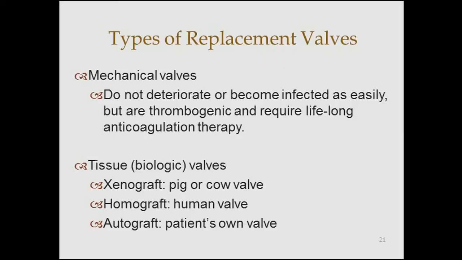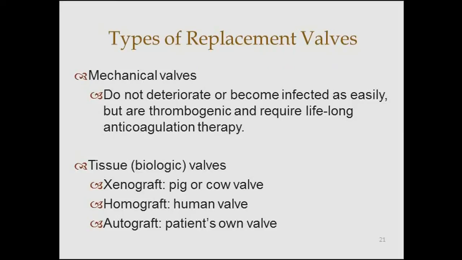So the advantage of a mechanical valve is it lasts longer. So if the patient is very young and they need to have a valve replaced for some reason, let's say it's a congenital issue, as an adult, now they don't put mechanical valves in kids because as the child grows, that mechanical valve won't grow, where tissue valves will somewhat grow and accommodate.